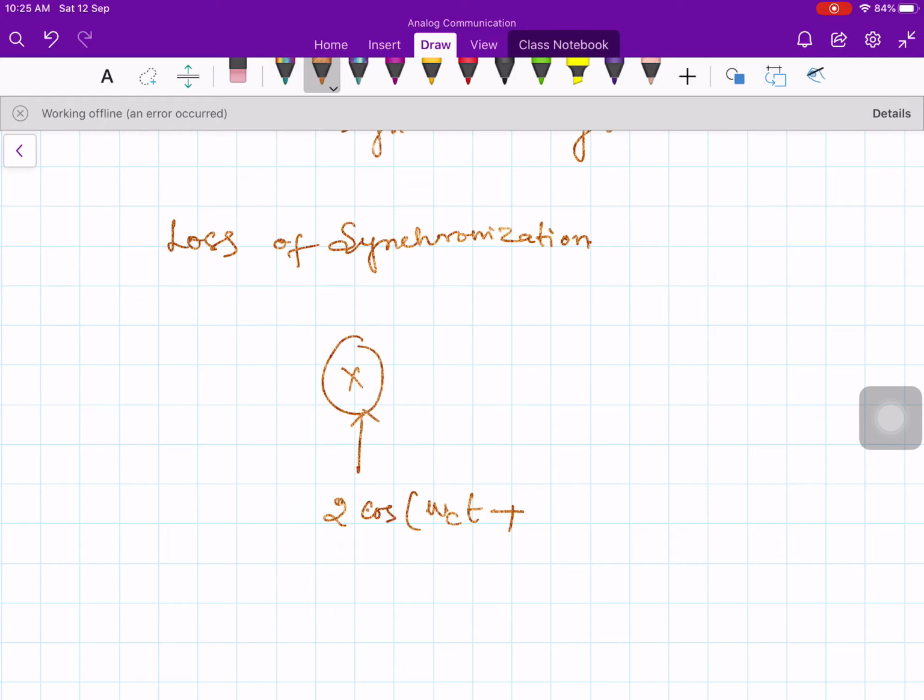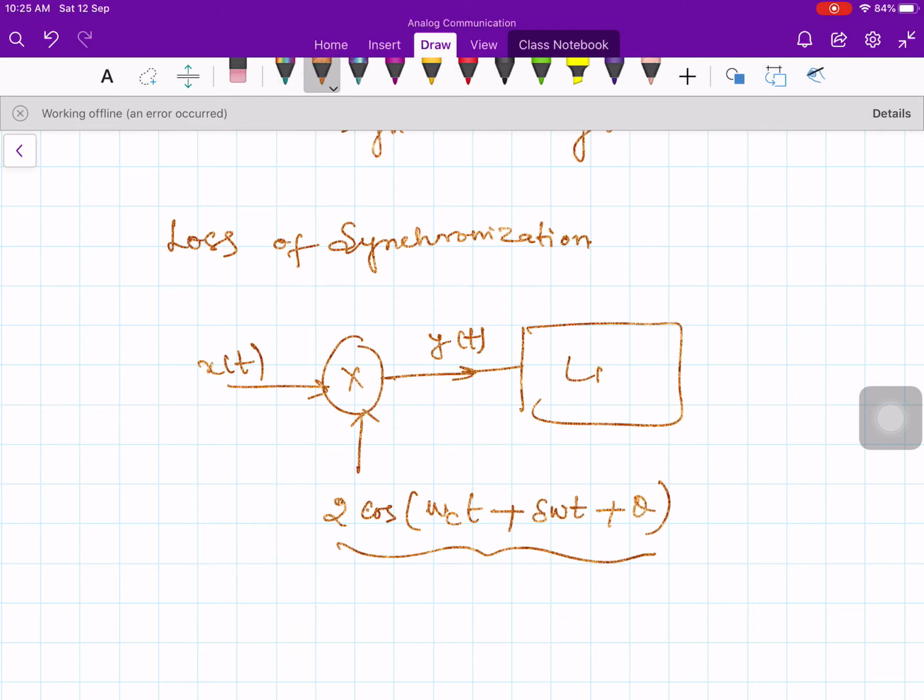Let us say that frequency mismatch is delta omega t, and the phase mismatch I will call theta. So your carrier is produced like that at the receiver, the incoming signal is x of t, and this output I will now call y of t instead of z of t. Now the low pass filter.